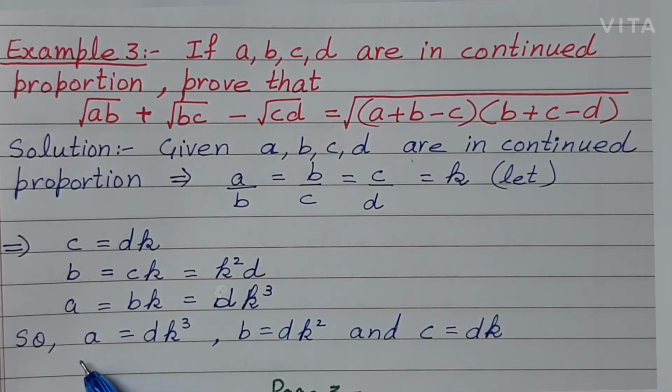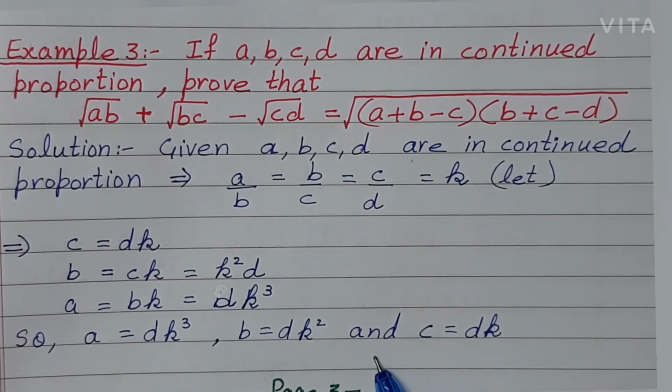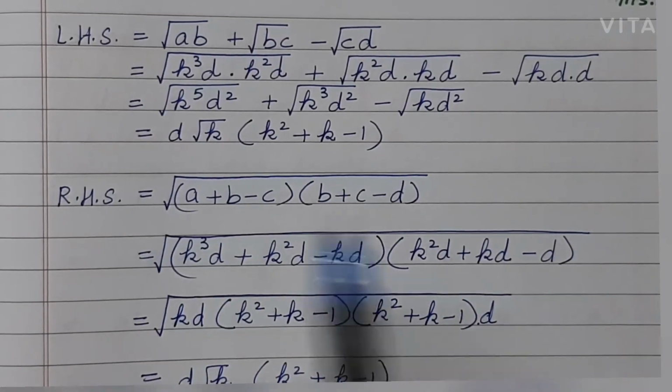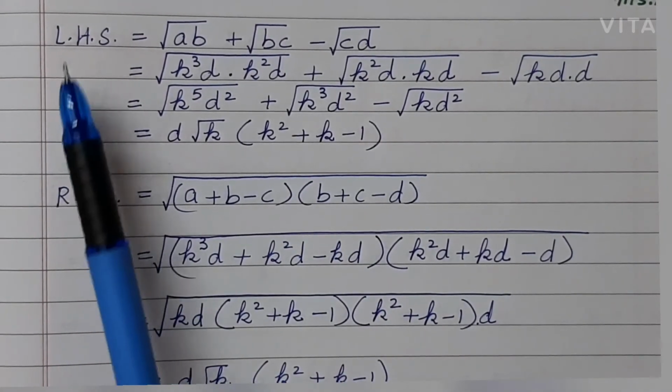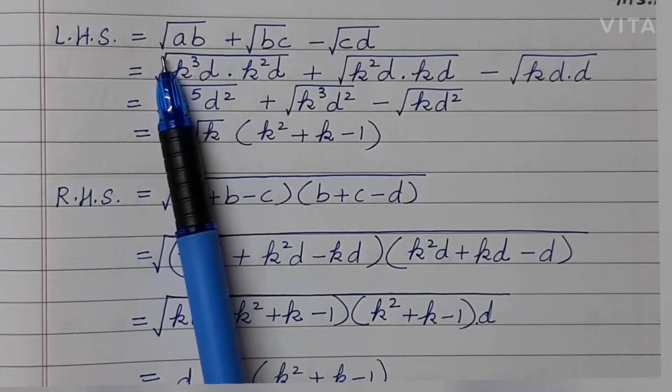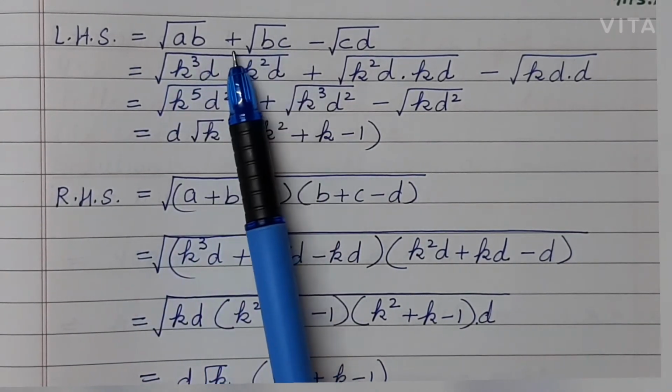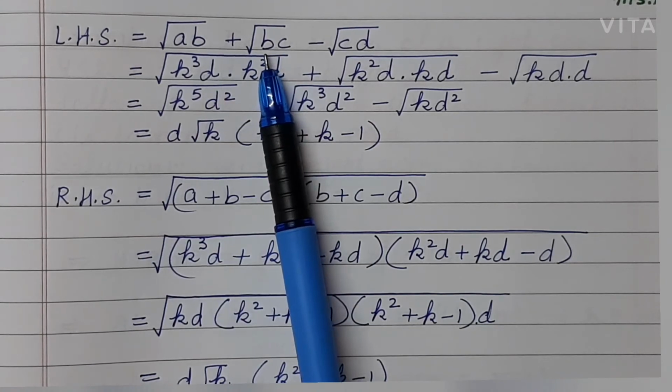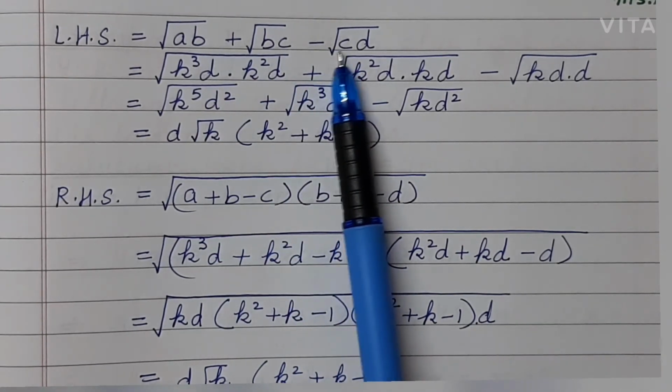So, the values are A is dk cube, B is dk square, and C is dk. Clear?